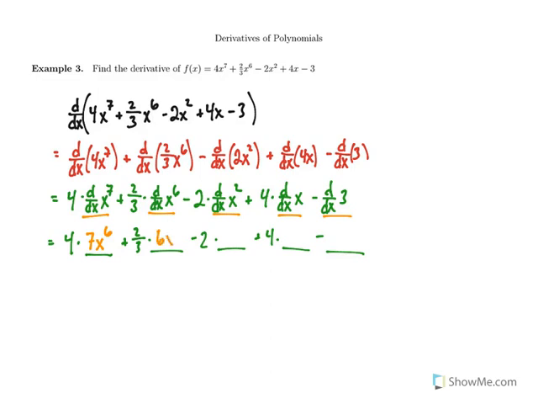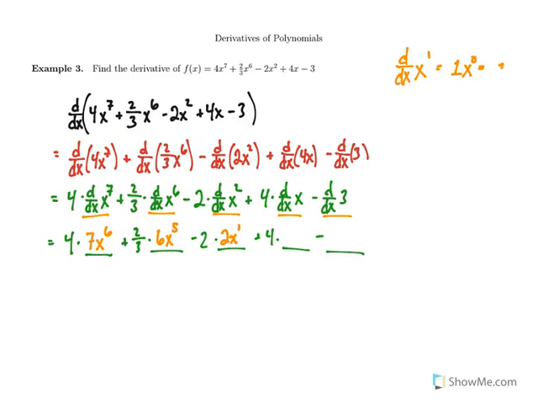Here's going to be 6x to the 5th. Here's going to be 2x to the 1st. The derivative of x, we'll do it up here so we can see the details. x to the 1st is going to be 1x to the 0, or just a 1 itself.